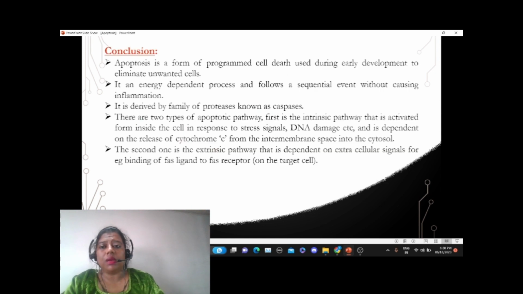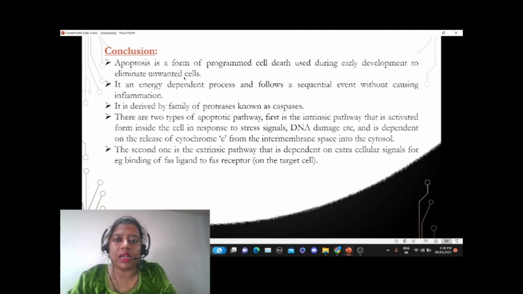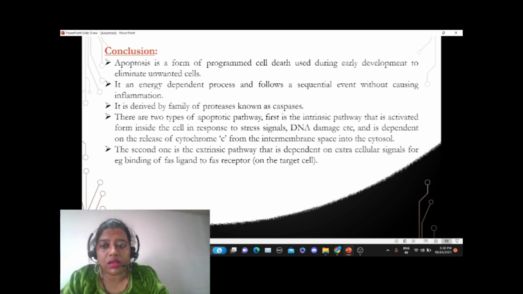Now we will summarize the entire event in one go. We start with the definition. Apoptosis is a form of programmed cell death which is used during early development to eliminate unwanted cells, so it prevents us from cancer. It is an energy dependent process and follows a sequential event without causing any inflammation. It is dependent on a family of proteases known as caspases. There are two types of apoptotic pathway, as we have already seen.